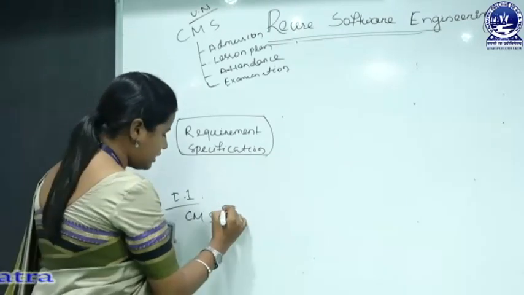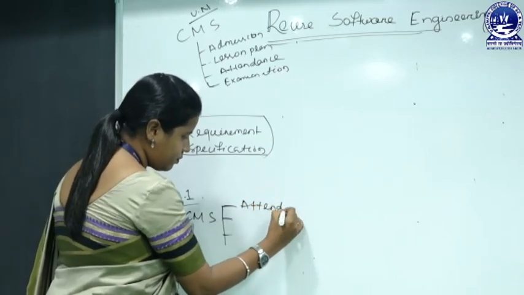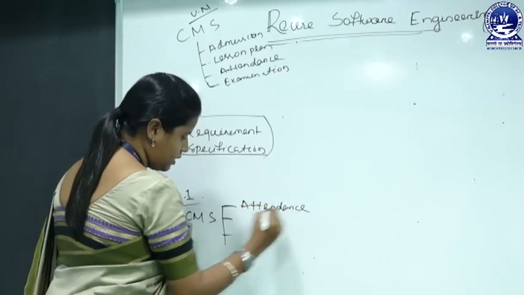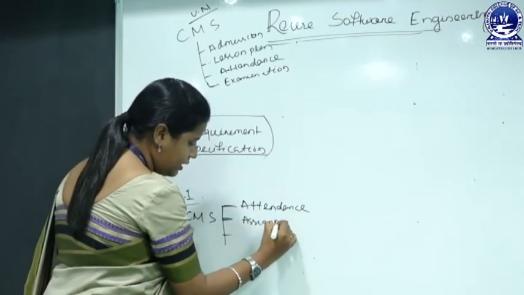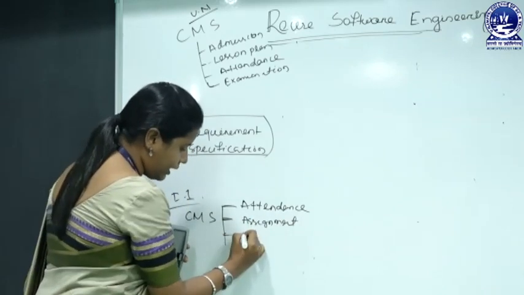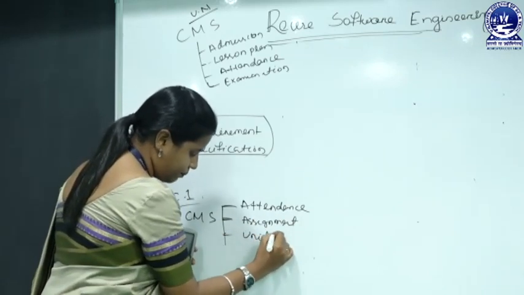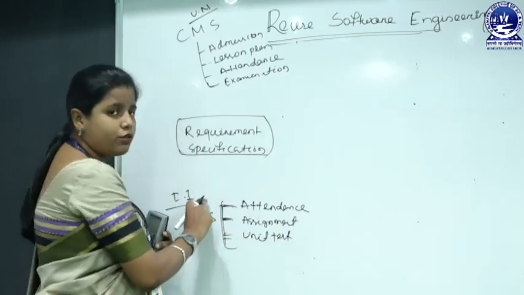So, suppose there is an online attendance system. Suppose they want an online assignment system and they want an online unit test. So, these are the requirements of institution 1.